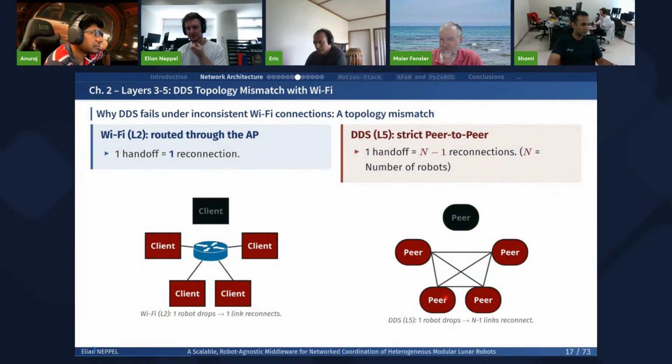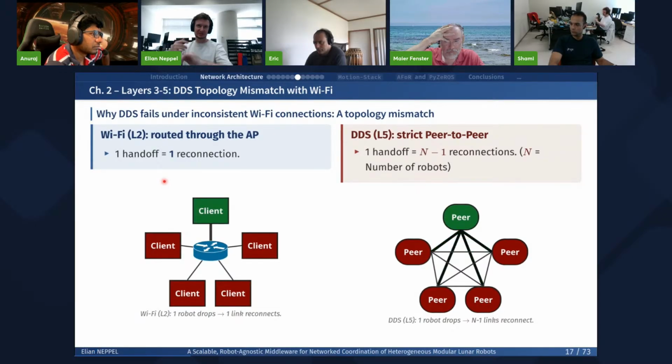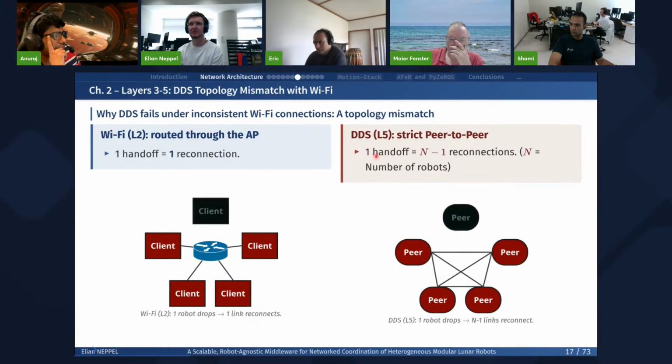And the second thing about Wi-Fi communication and the network is the layers above Wi-Fi. Layer 5, we have DDS that is peer-to-peer. So when a handoff happens, usually on a single Wi-Fi that is brokered, we only have one connection that is destroyed and then one connection that is recreated. But DDS at layer 5 is peer-to-peer.